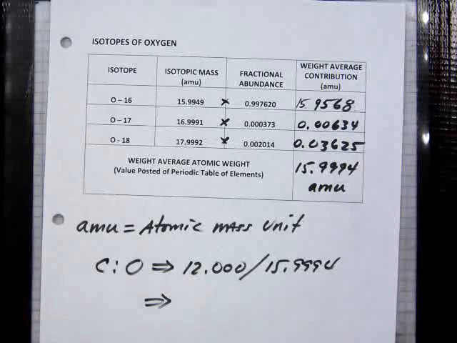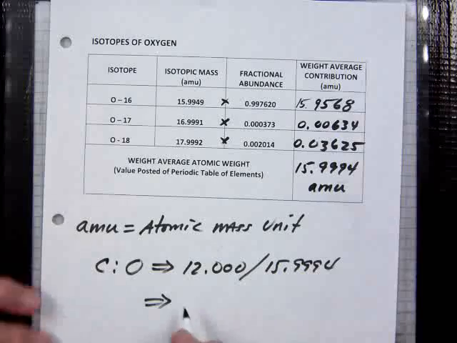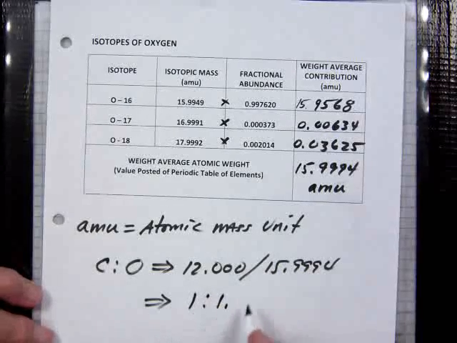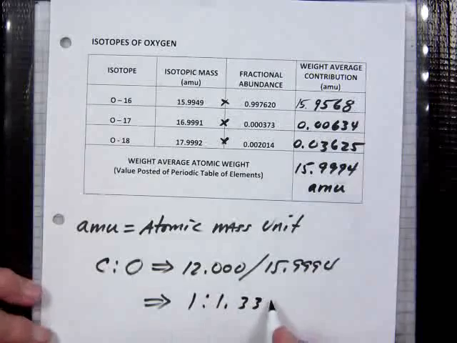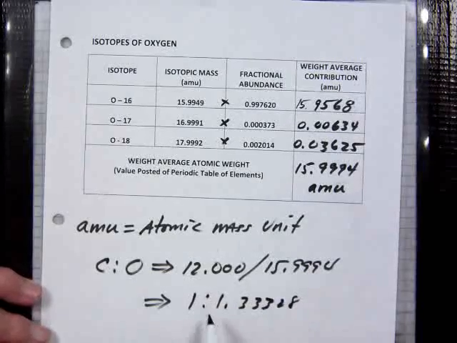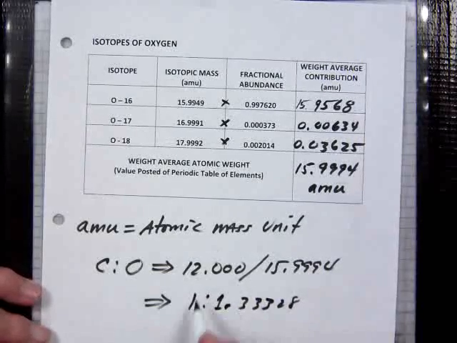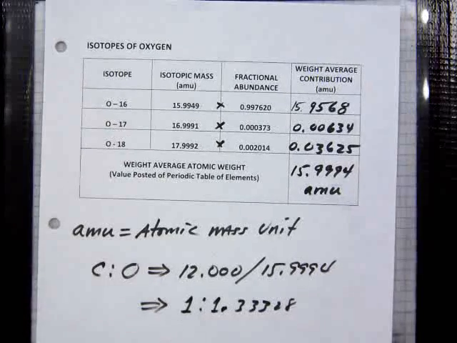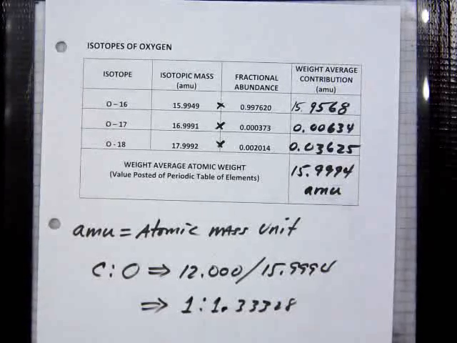It means that that element is so many times heavier than carbon. So that's a 1 to 1.33328. So oxygen is 1.33328 times heavier than carbon.